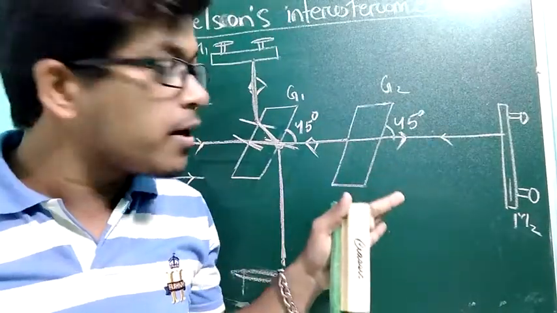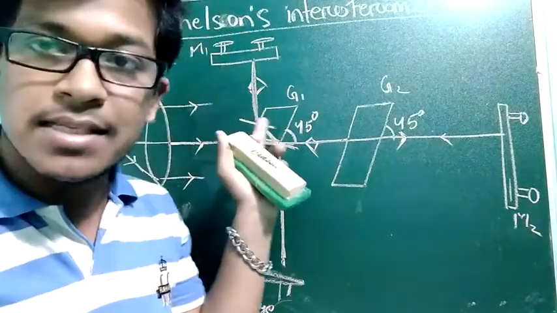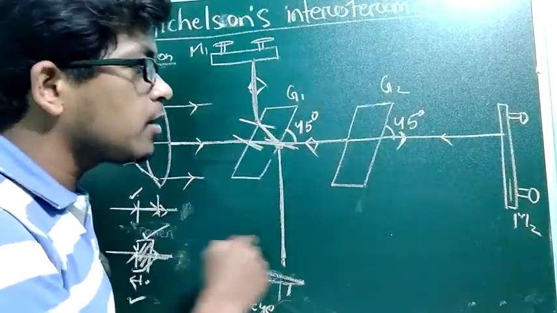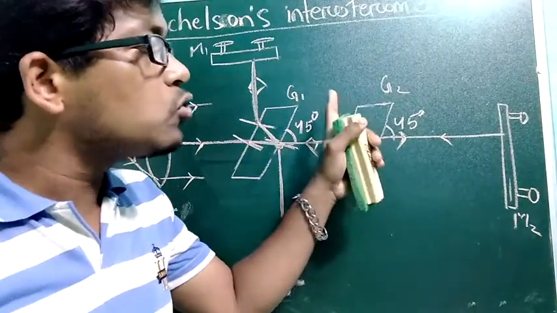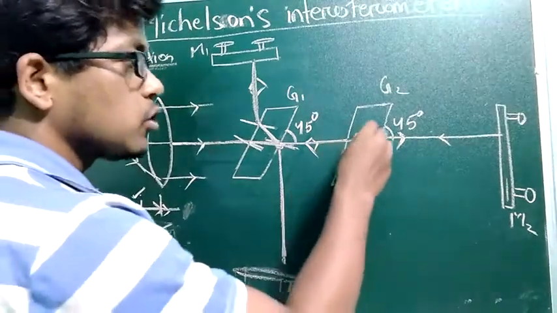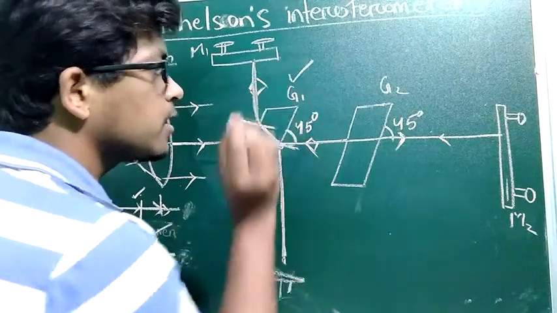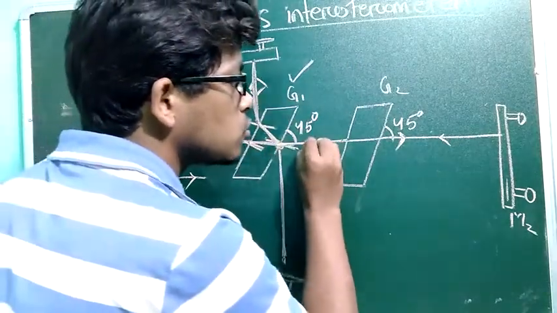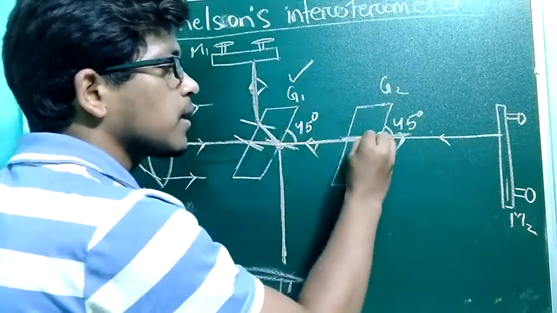There is a huge difference between these two lines, because one is passing through a medium, one is simply going through the air medium. If I introduce a G2 glass, the same material as G1 having the same refractive index, then this light will also pass through G2 and will also come back through G2.